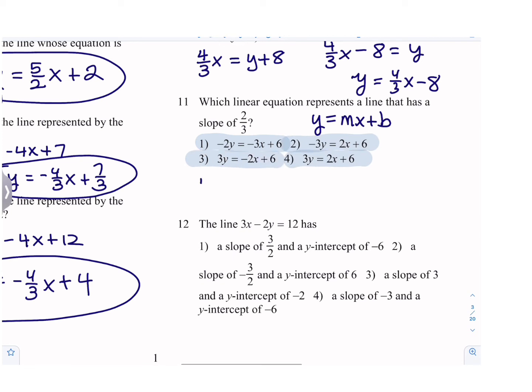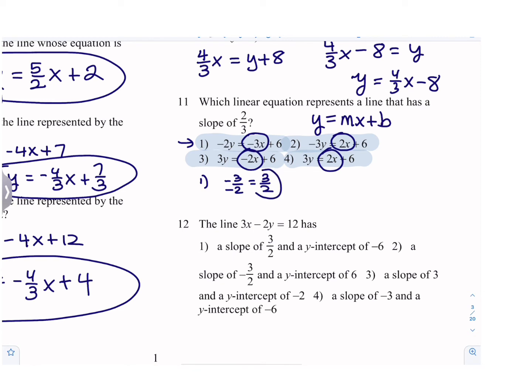So in choice 1, what I'm really interested in is what happens to the number in front of the x in all of these when I divide by the number that's in front of y. So for choice 1, I'm going to divide everything by negative 2. So the number in front of the x will become negative 3 over negative 2, which is just 3/2.